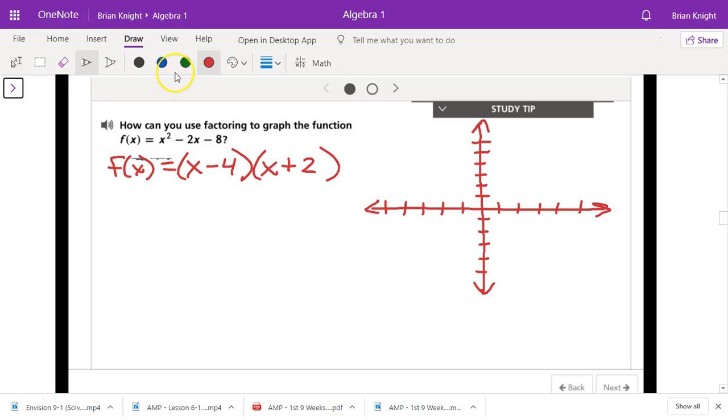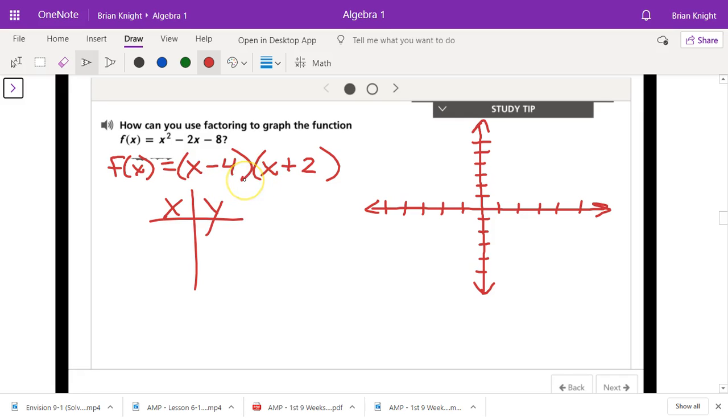Okay. Anytime we're making these, we're making a table. I taught you to always find which point first? The vertex, okay? When it's given to you in factored form, you're not actually going to find the vertex first. You're actually going to find it last, okay? So here's what's happening.